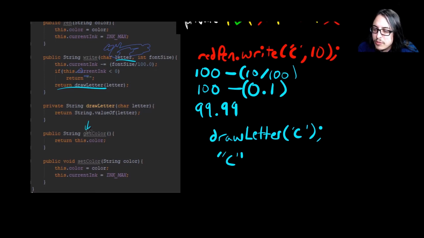So public string get color, and we're using camel case, which is the first letter is lowercase, and all subsequent words start with an uppercase letter. So lowercase get, uppercase C for color.